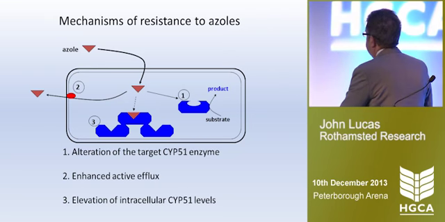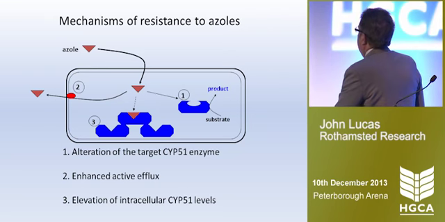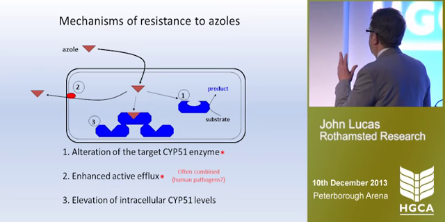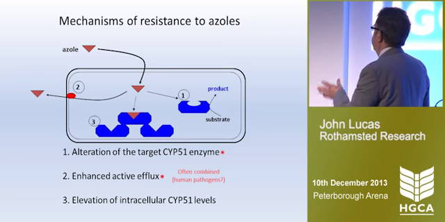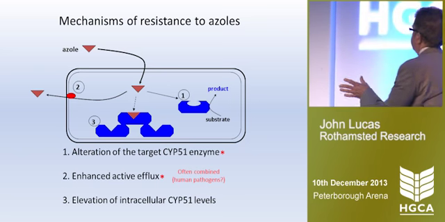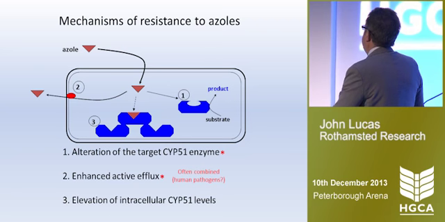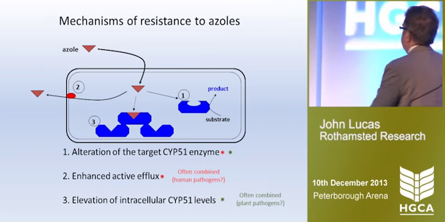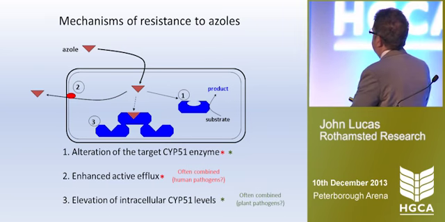And in actual fact, these two alterations of the target enzyme, which in the case of azoles is called CYP51, and enhanced efflux, have been characterized in human pathogens, Candida for instance, whereas in plant pathogens it's usually a combination of alteration of the target enzyme and elevation of the intracellular target levels.